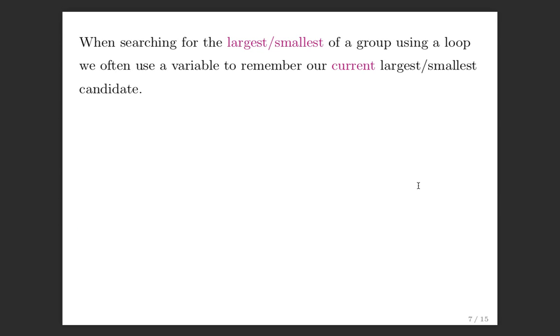Okay, so we have accumulator variables, which help us build an answer. We have counter variables, which are specifically accumulating plus ones, a count. There's one more variable that we use sometimes, and that's a variable that stores the current or some candidate.